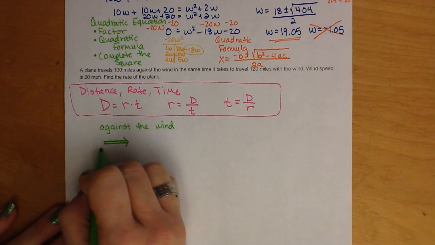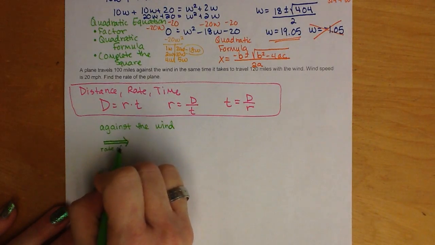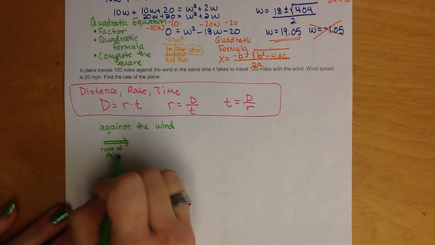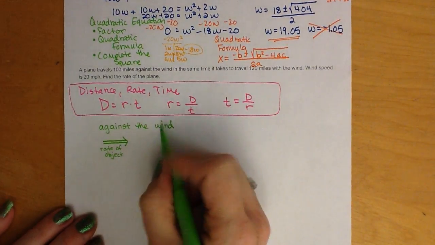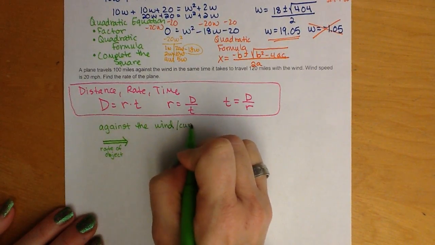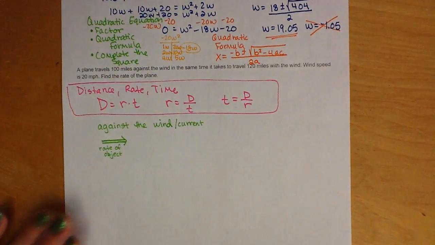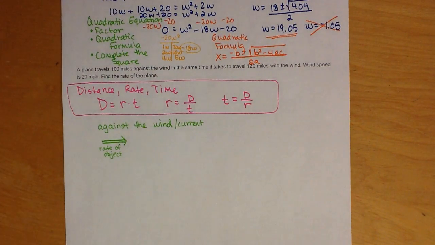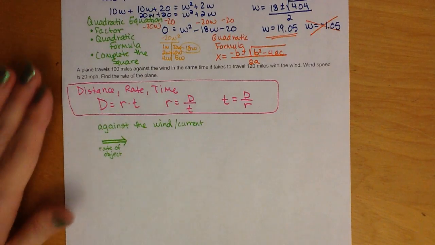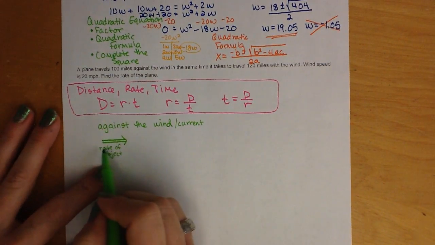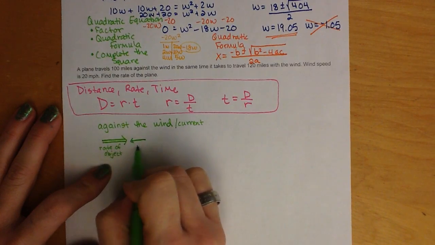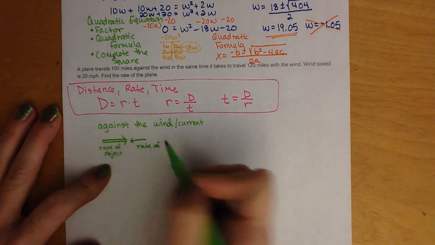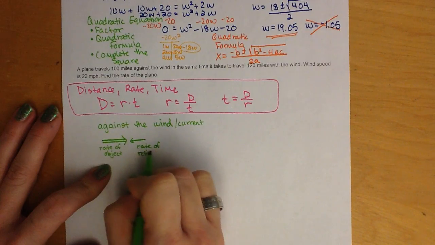So this is going to be the rate of the object. And I'm not putting plane, I'm putting object because it could be against the wind, against the current. If you're walking on a moving sidewalk, you could be walking against the motion of the sidewalk. But whatever's happening, you're going to have the rate of the object that's going against the rate of whatever your resistance is.